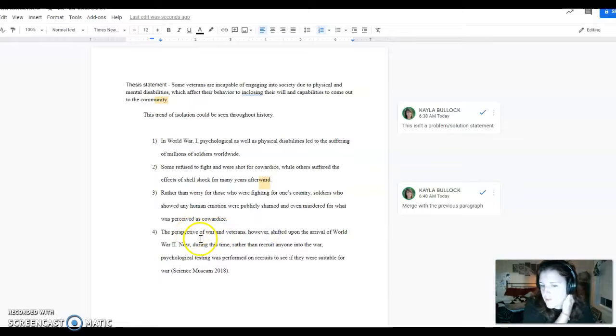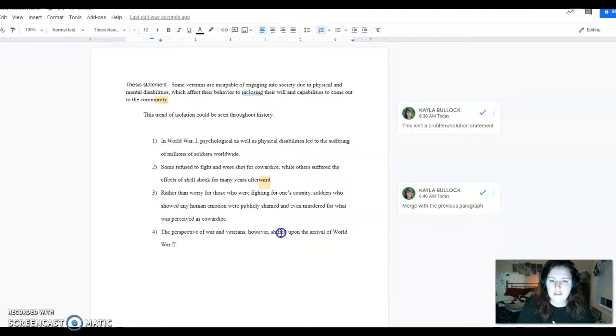The perspective of war veterans, however, shifted upon the arrival of World War II. So this is a claim that there is a shift. Here's our keyword, shift. The reason however is used as an interrupter here is because it goes between the subject and verb: perspective, shifted.